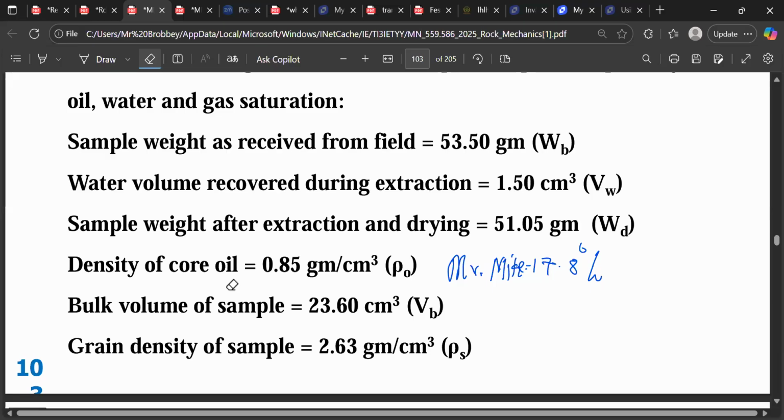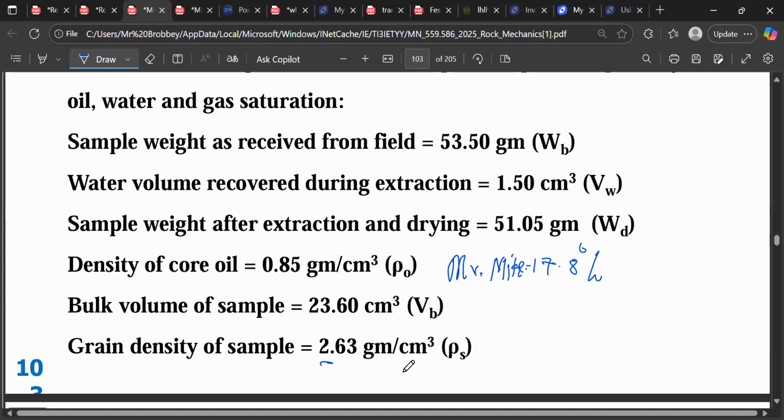The density of the oil is 0.85 gram per cubic centimeter. The bulk volume of the sample, the total sample, is 23.60 cubic centimeters. And the grain density of the sample, which is the density of the solid alone, is 2.63 gram per cubic centimeter.